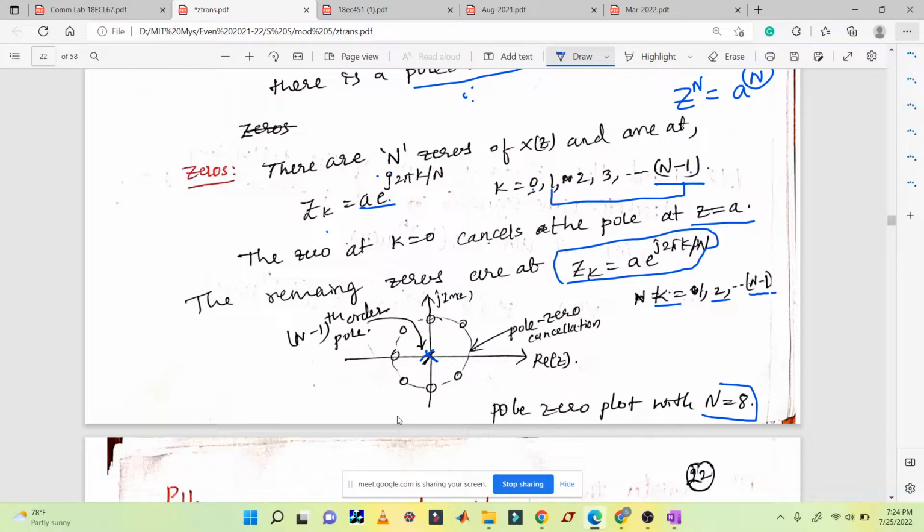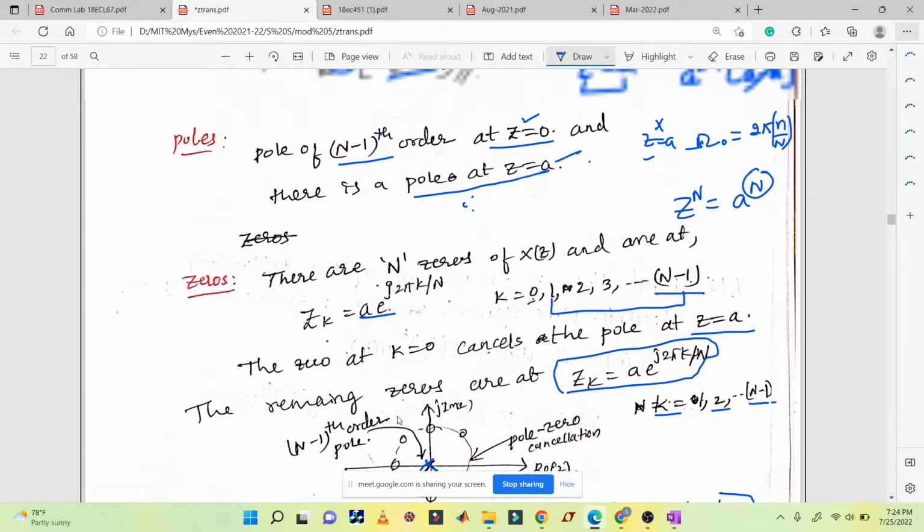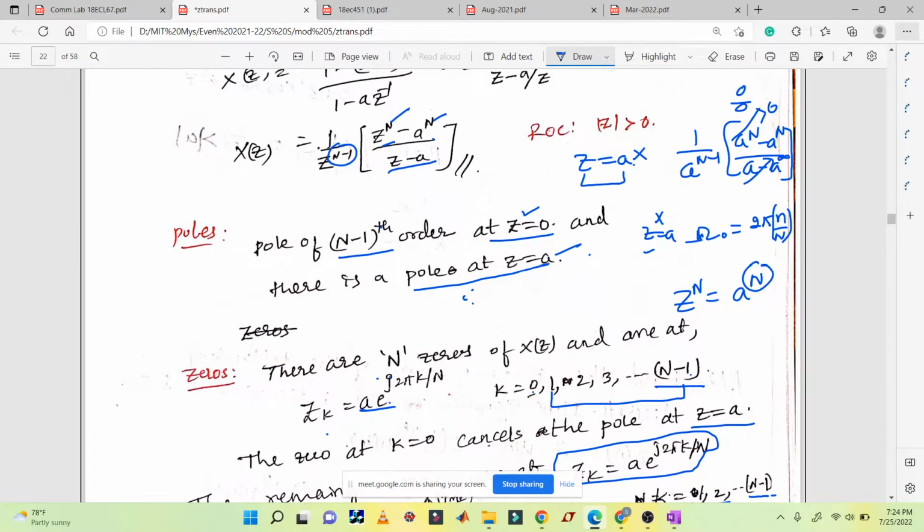N is equal to 8 means your equation... let me write the equation, then you will understand. 1 divided by z to the power 8 minus 1, into z to the power 8 minus a to the power 8 divided by z minus a. This is our X of z equation for capital N is equal to 8.